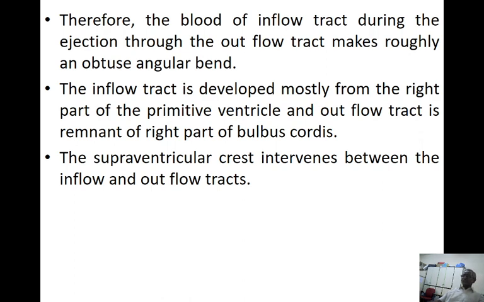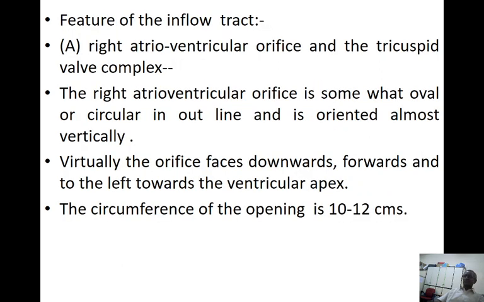The inflow tract is developed mostly from the right part of the primitive ventricle, and the outflow tract is a remnant of the right part of the bulbus cordis. The supraventricular crest intervenes between the inflow and outflow tract.